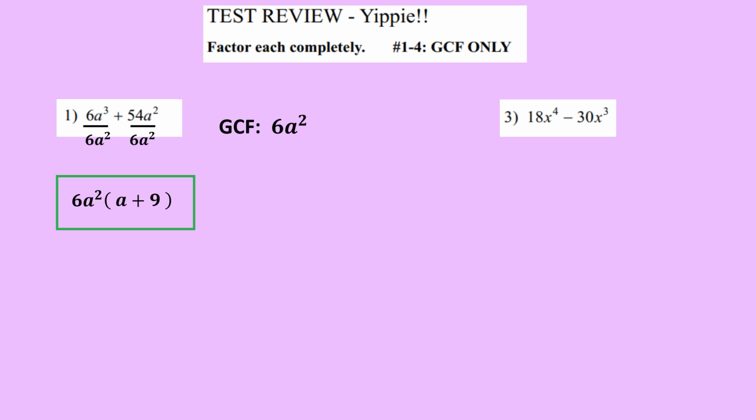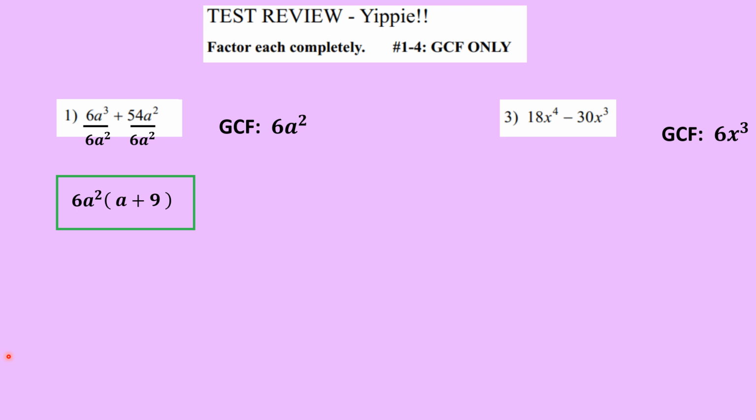Cool. All right, number 3, 18x to the fourth minus 30x cubed. Both of these numbers I know are divisible by 2 and by 3, so that means they're divisible by 6. And then when I look at the x's, I have x to the fourth and x to the third, so my GCF can be 6x cubed.